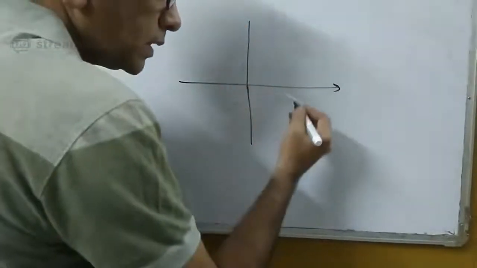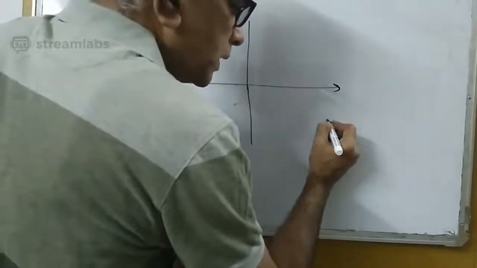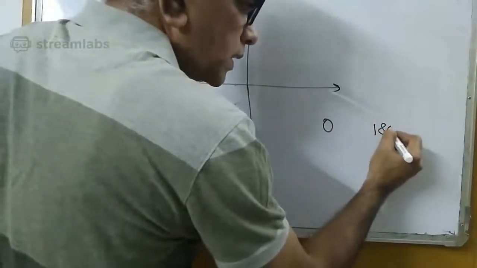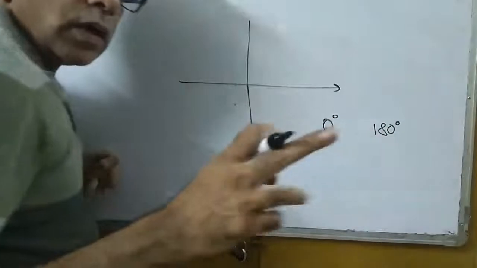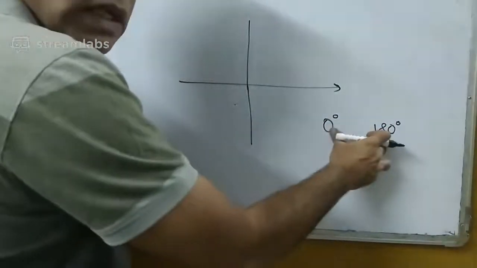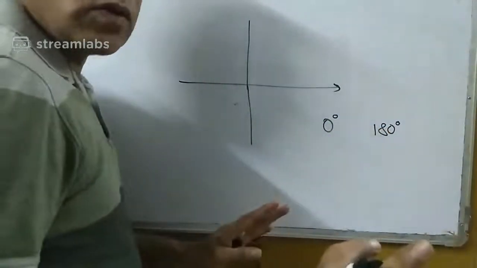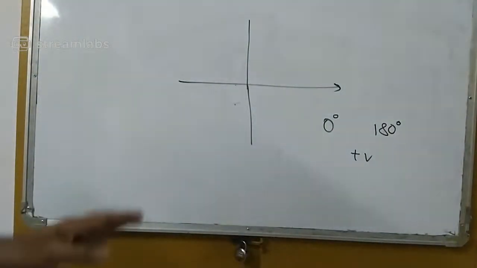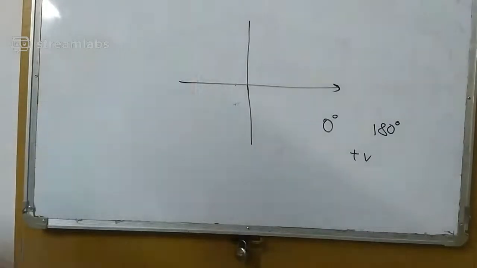I'll assume what we have discussed for PSK as an example, in which I have a signal with 0 phase and a signal with 180 degrees out of phase. There are two signals which are changing in phase, but their amplitude will remain constant. It will be V. With this assumption, I will represent now.